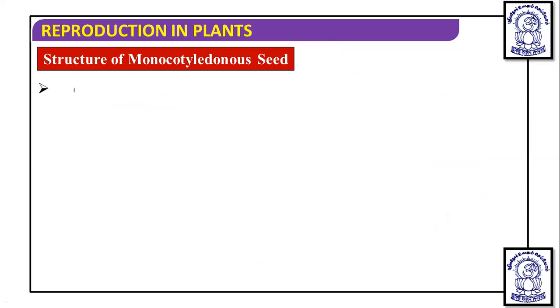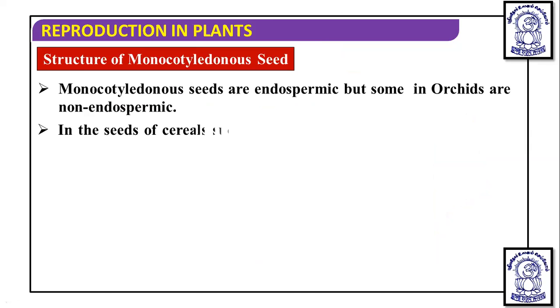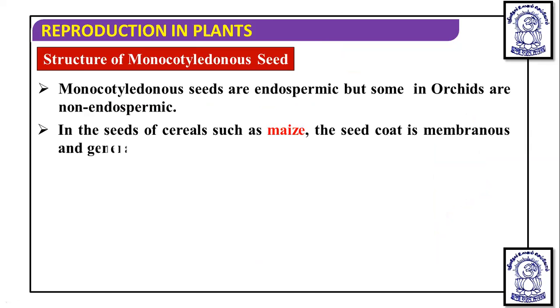Now, after this, we are going to talk about the structure of monocot seed. Monocot seeds are known to be endospermic, but some, like orchids, are non-endospermic because orchids do not have endosperm. When we see the structure of maize, the seeds of cereals such as maize, the seed coat is membranous and generally fused with the fruit wall.